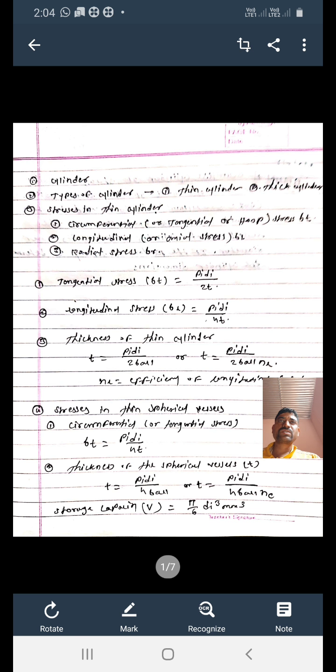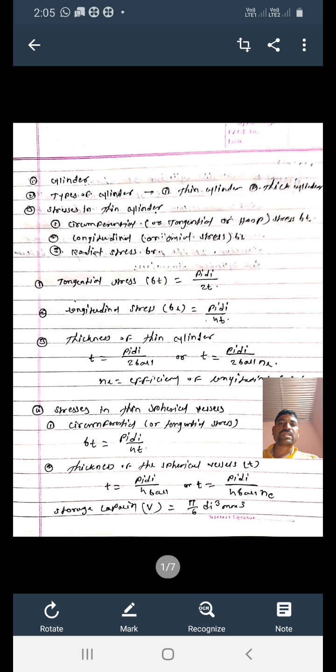Tangential stress is equal to P di by 2t. And second is longitudinal stress, sigma L is equal to P di by 4t.